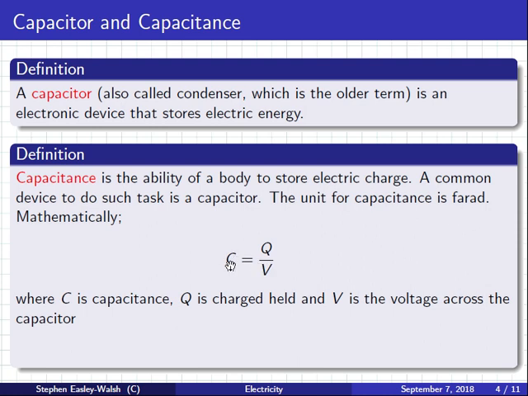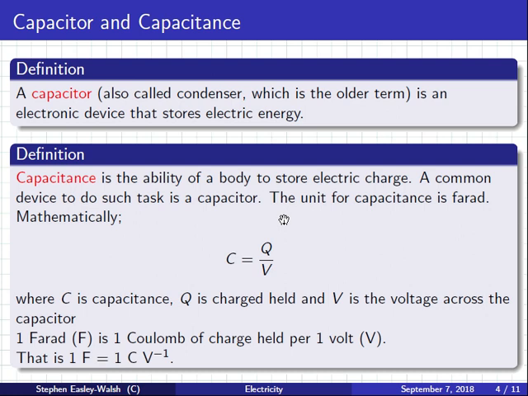Coulomb. So a farad is 1 coulomb over volt. So how do we say that? We say a farad is 1 coulomb of charge per volt. That is, a farad is the same as a coulomb per volt.